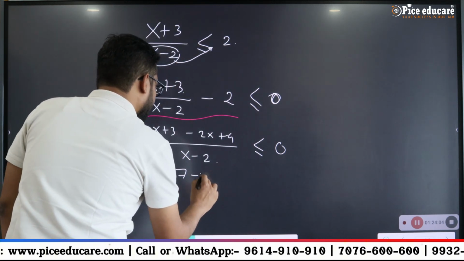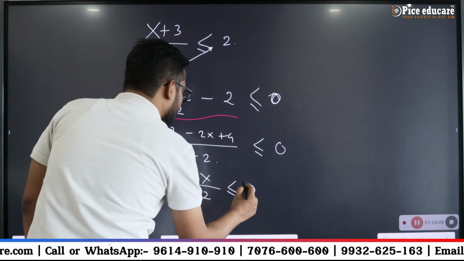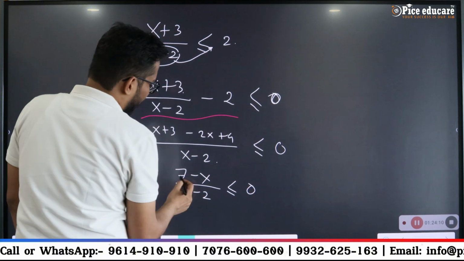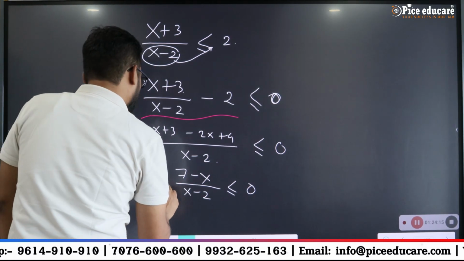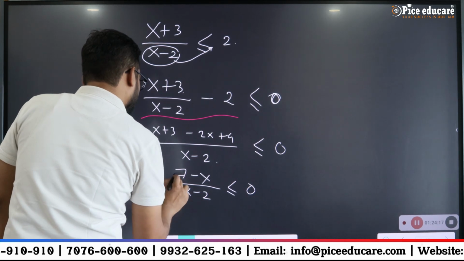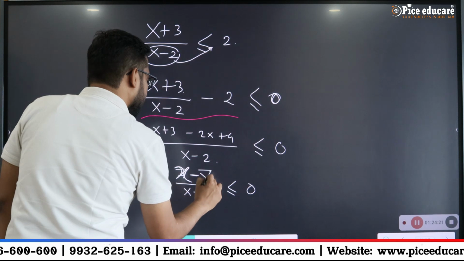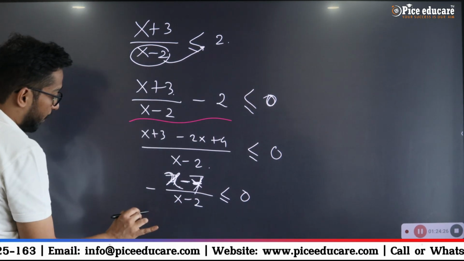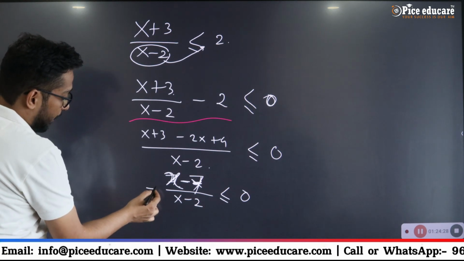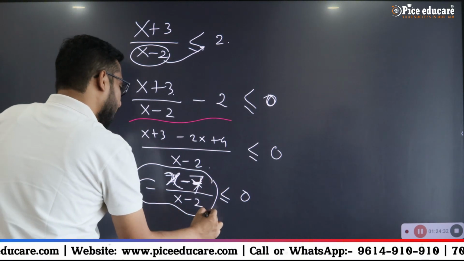And then finally this becomes 7 minus x over x minus 2, which is less than equal to 0. And if you think, okay, I don't like 7 minus x here, you can just put a minus sign over here, and maybe you can make it x minus 7. And then be careful again, you don't just multiply by minus 1, but you take this quantity to the right hand side.